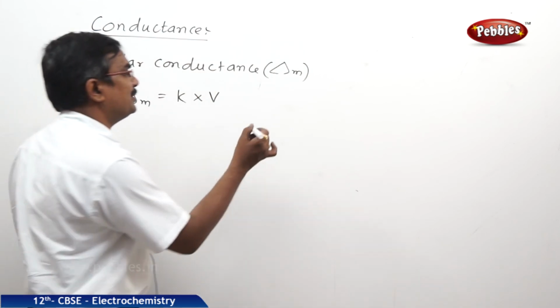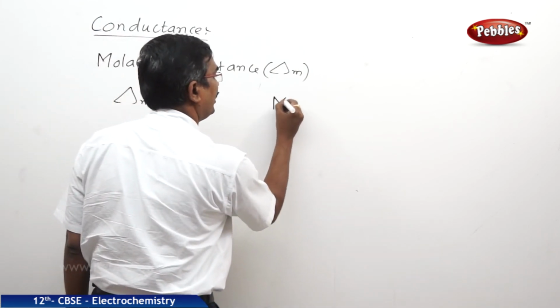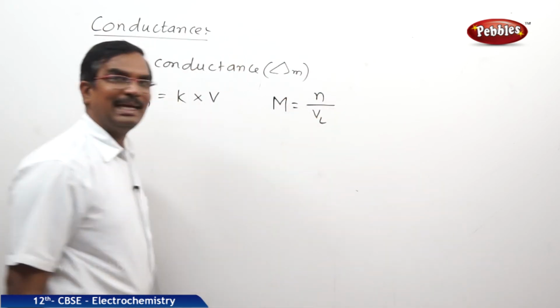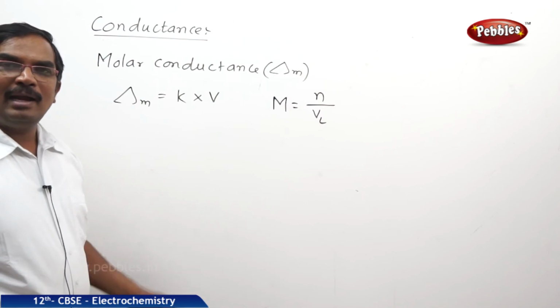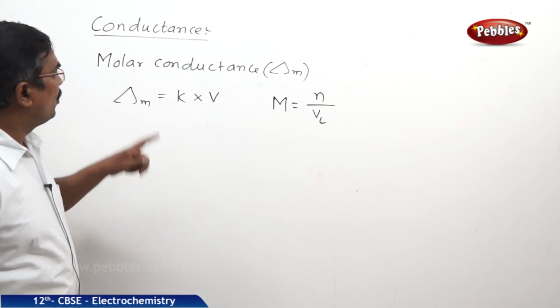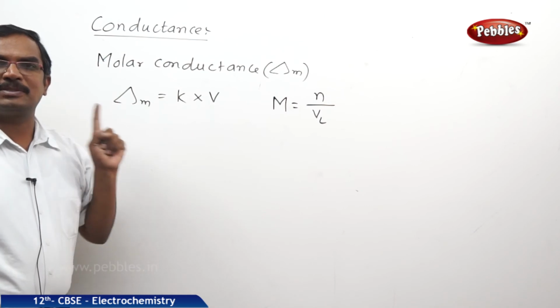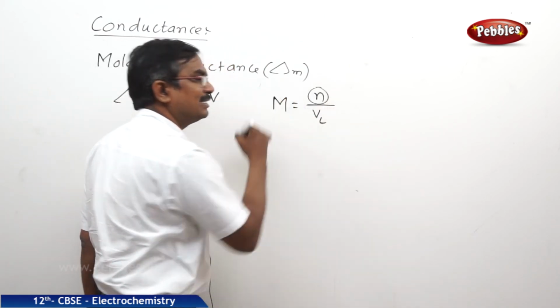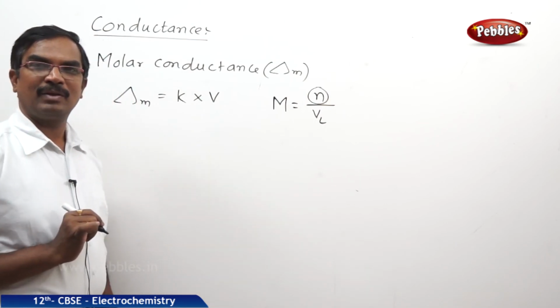As per molarity, M, molarity is equal to number of moles divided by volume of solution in liters. And as per the definition, only 1 mole of the substance is present here. That means the number of moles is 1.